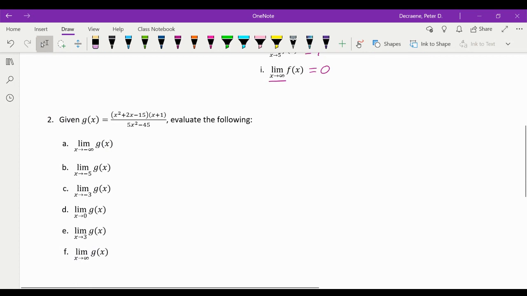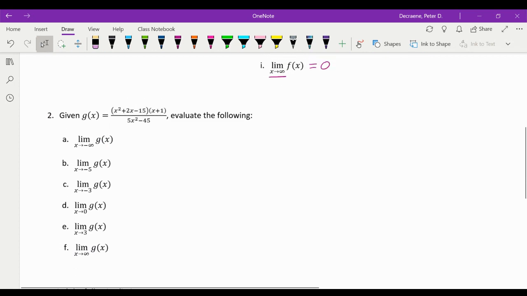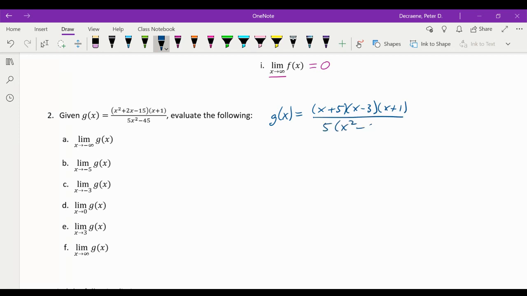Second problem. If we're going to evaluate limits using rational functions, it's often a good idea to rewrite this. So I'm going to factor it completely. g of x is equal to x squared plus 2x minus 15, which factors into x plus 5 times x minus 3, times x plus 1, over 5 times x squared minus 9.